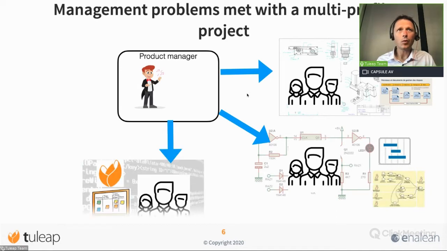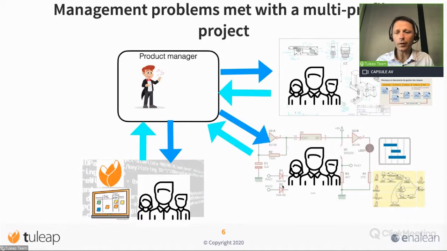This is what the product manager did. He sent his requirements and said, okay, each team, you have to do this. Each team has their own tool, their own process, and they will work on them and send the result of their activities and of their own development.